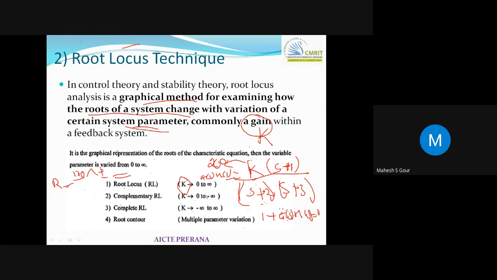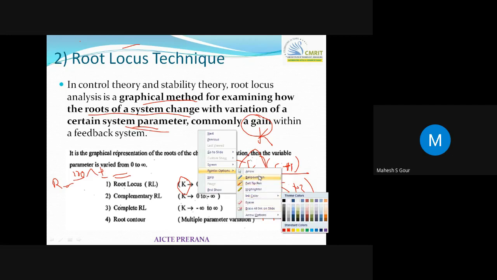Now, as you know, everyone wants more gain within a smaller circuit. This K indicates your gain. Suppose this is your G of s, this is your input R of s and your output is C of s. So what is your gain here? Gain is your G of s.